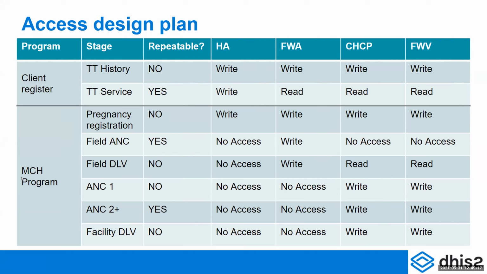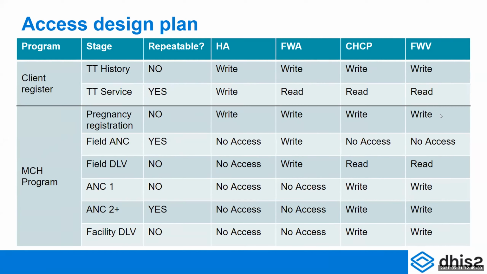In the MCH program, as I said, everybody in all these 4 cadres of health workers is responsible for registering women, because Bangladesh wants to know who is pregnant. And so they go across the board. Everybody has responsibility for this, so everyone has write access to that stage, because everybody has the capability of registering a woman.